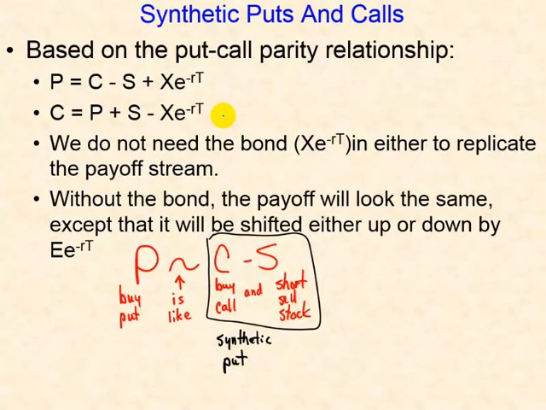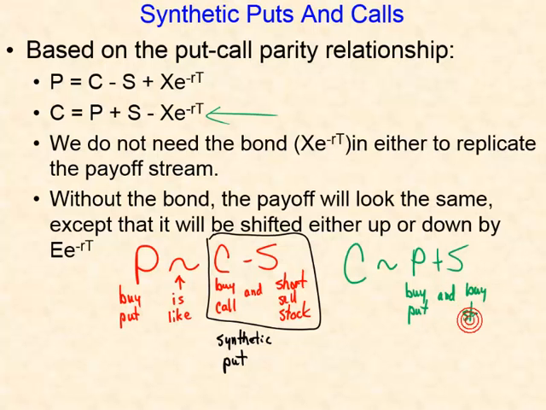Let's examine the bottom equation here of the two at the top of the page. I'm going to rewrite that as C, using my approximately equal to, P plus S. So the right-hand side of our equation says if we buy a put, and, so the plus sign is and, we have a positive S, so that's buying a stock.